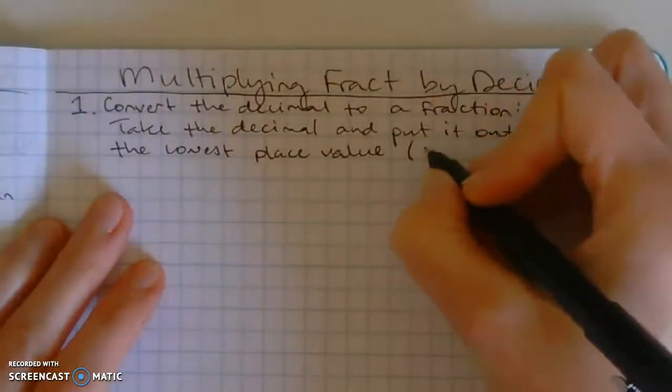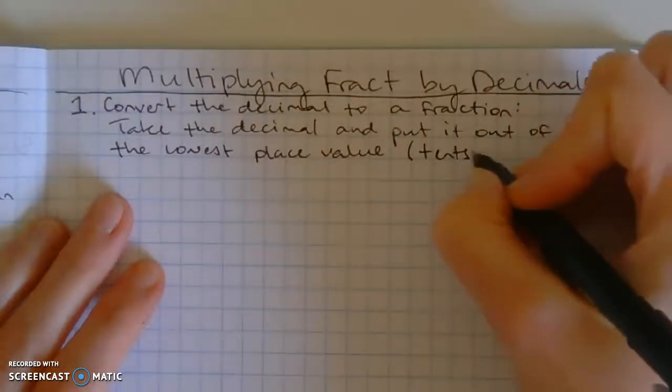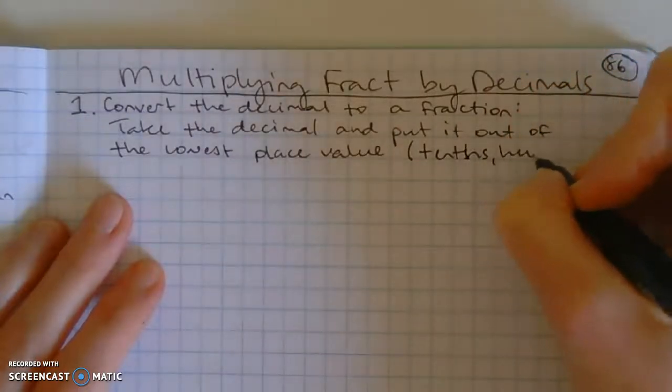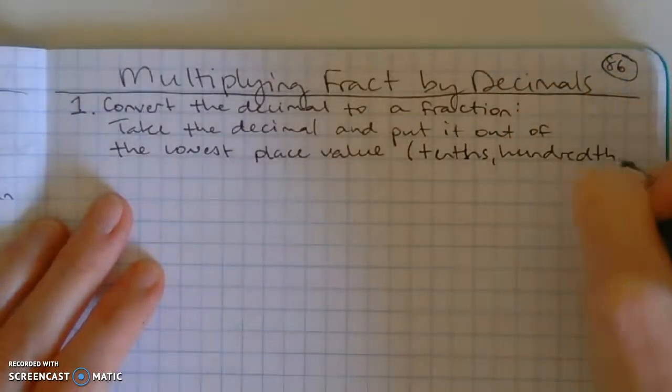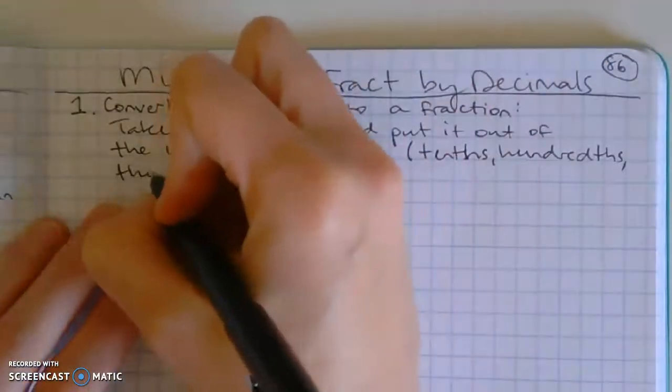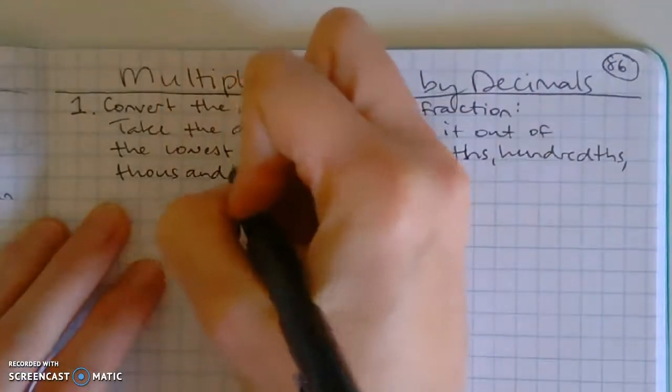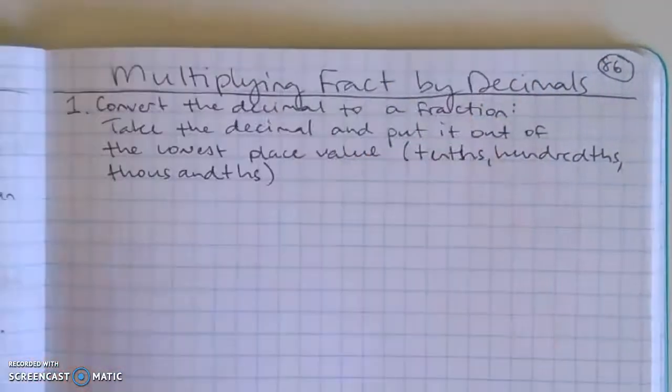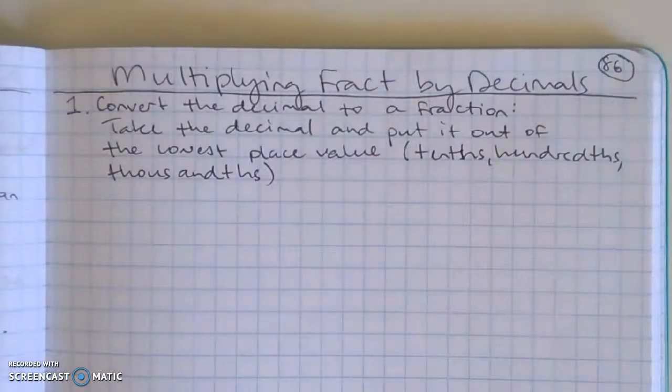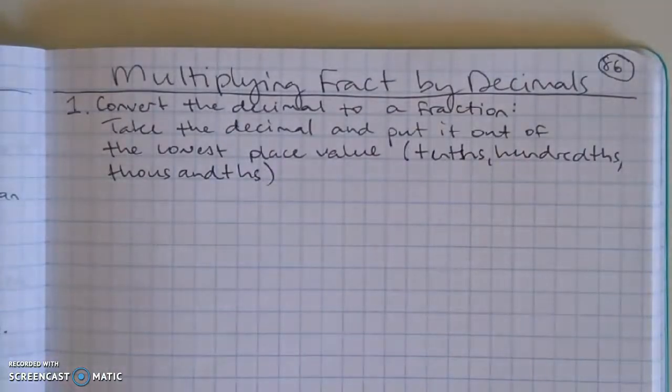Okay, so tenths, hundredths, or thousandths. Okay, so what that looks like, let's get our example going here and go back to using purple.